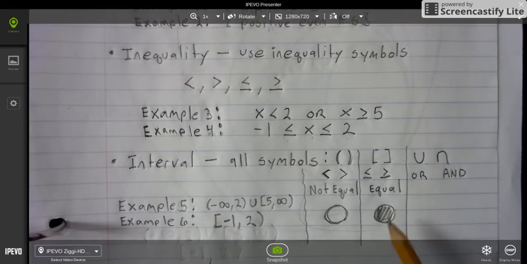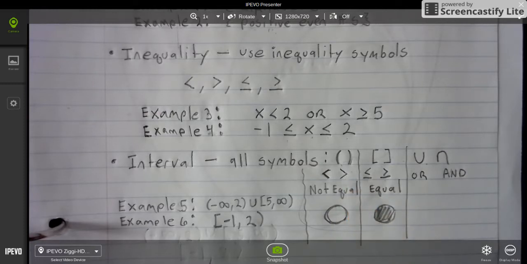Brackets could be less than or equal to or greater than or equal to, and it's a closed circle. And this means or, and this means and. Let me say here I said equal, but it's less than or equal to or greater than or equal to. And here is less than but not equal and greater than but not equal.